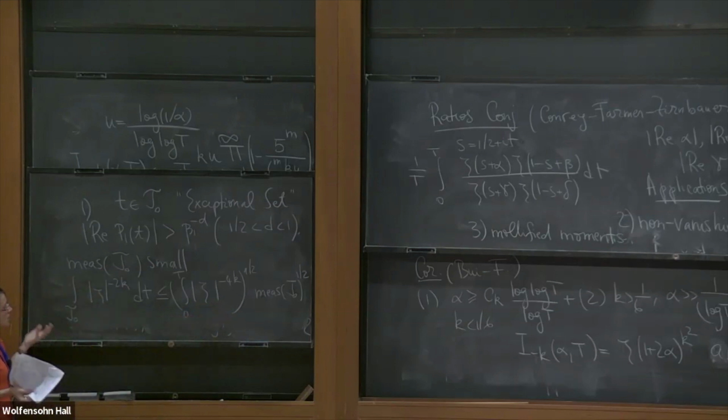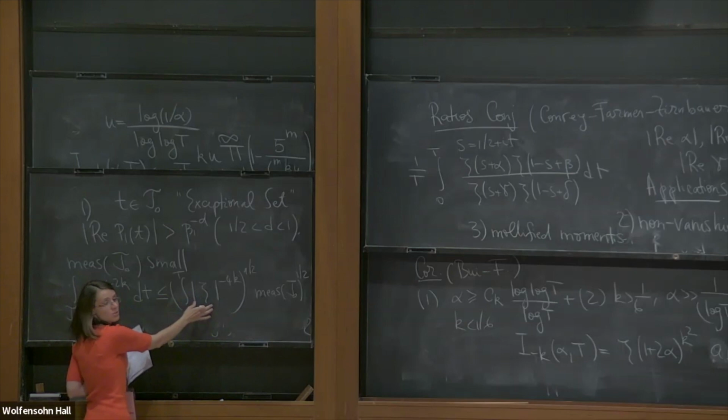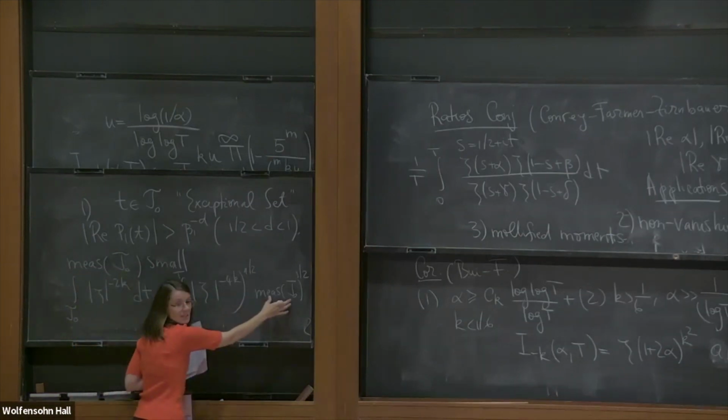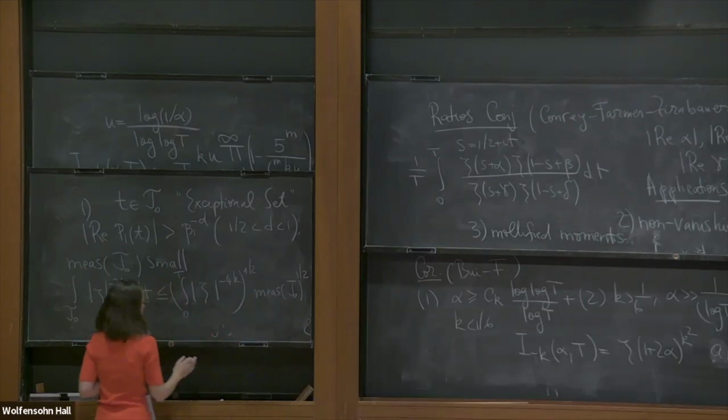So we don't really have an a priori bound for the negative moments. So all we can do at this first step is just use the trivial bound, the pointwise bound for zeta, and hope that we can gain a little bit over the trivial bound from here.